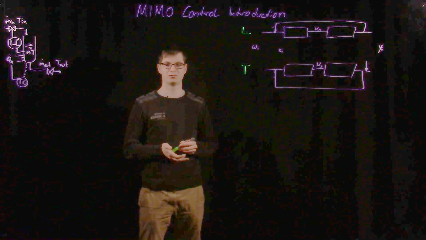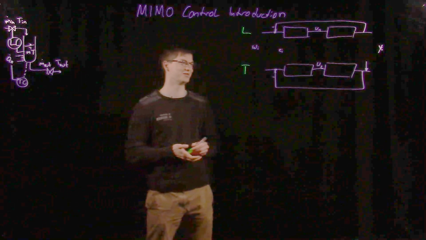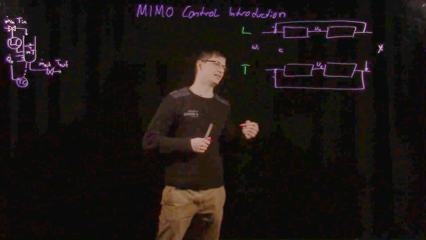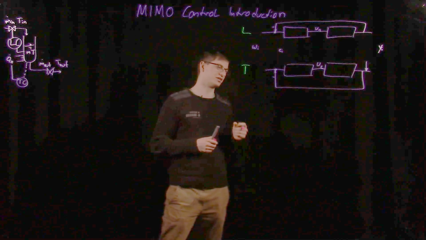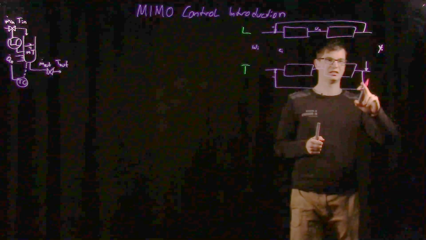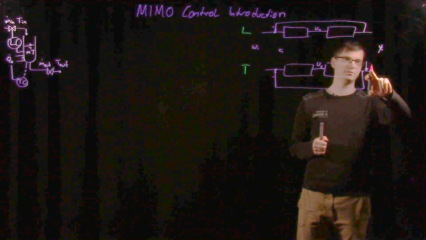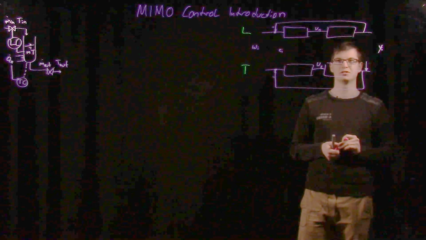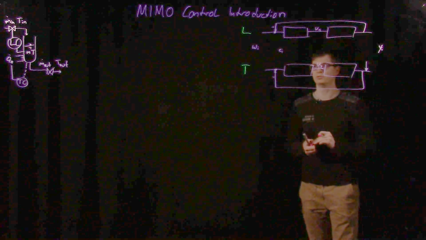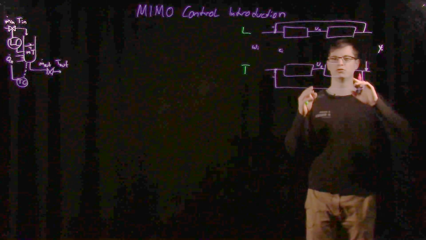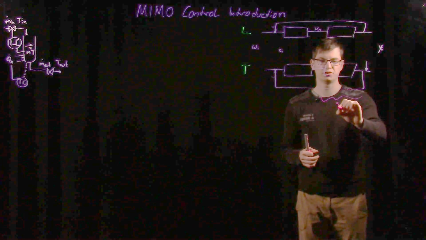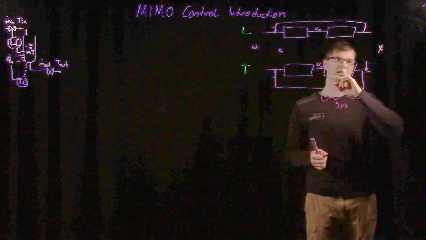Now let's go more into detail about real multiple input, multiple output control. As a first step, we want to change the color of the pencil because we see that it is more visible. In the last video, we just accepted that we have a disturbance in here as a systematic error. But when we use multiple input, multiple output control, we will model this system behavior more clearly.